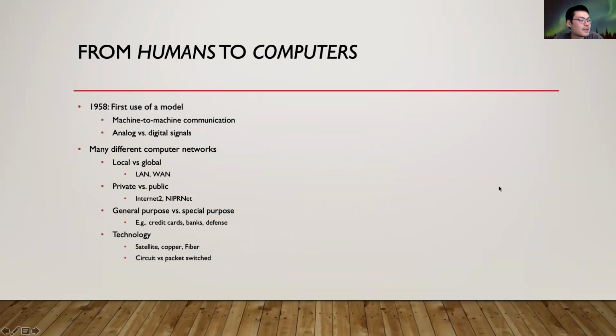And then we have the first use of a model for machine-to-machine communication between computers. Now we are talking about computers. The tricky thing is that, unlike voice signals, which are analog signals, computer signals are digital signals. So you need to transform this analog signal to 0 and 1.